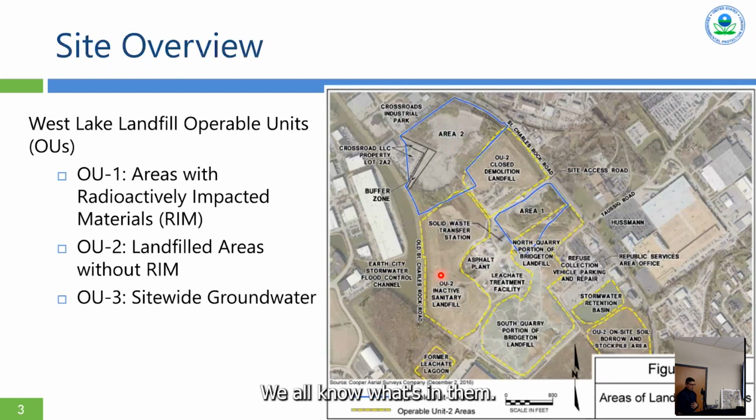We all know what's in them, but my portion here is going to be with OU3, which is site-wide groundwater, which the definition that we're using is groundwater at or surrounding the site, the landfill, that has been impacted by contaminants from the site. But it also includes background locations away from the landfill, and we'll get into the nuts and bolts of that in a little bit.